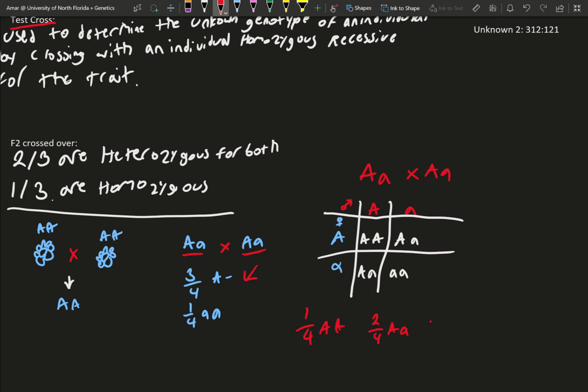And then 1/4 little a. Whenever I ask them why you are getting 1/4 big A, they usually just explain it as, there are 4 squares here, and out of those 4 squares, you only have 1 square that is big A. So, therefore, big A has to be 1/4.